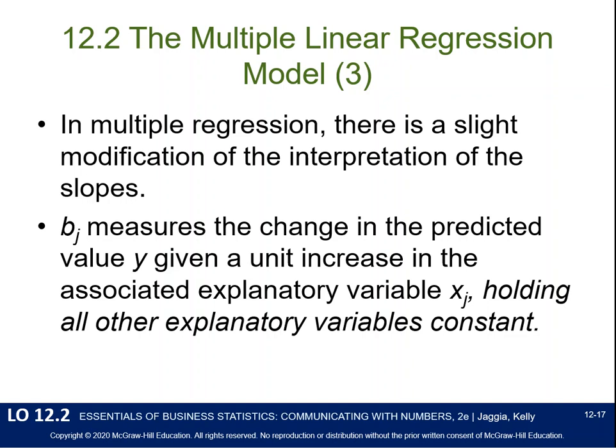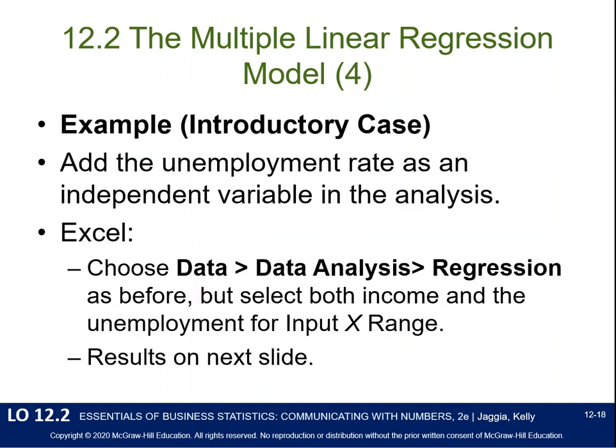So we're going to get the slope of income and say this is the predicted change in debt payments based on the change in income, holding everything else constant. And then we'll do the same for unemployment, because that's the variable that we're going to add to our regression analysis, and we'll be able to determine its level of influence holding all other variables constant.